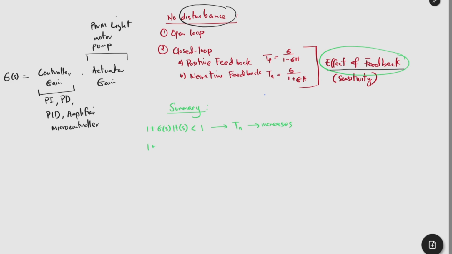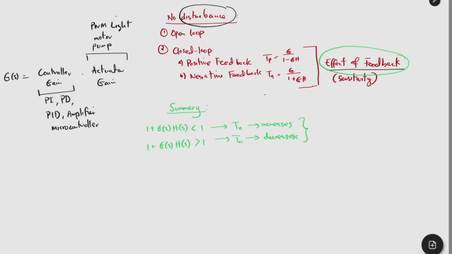And when 1 plus G(s)H(s) is greater than 1, we can see that the overall transfer function will decrease. So these are the effects of the feedback of a closed loop control system.